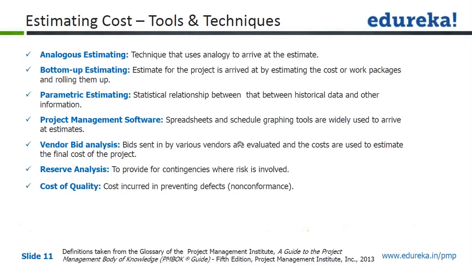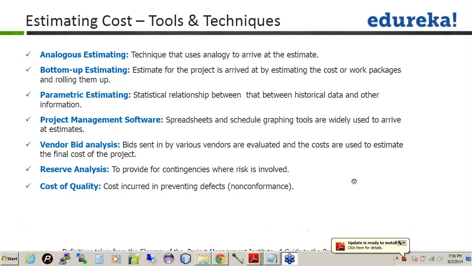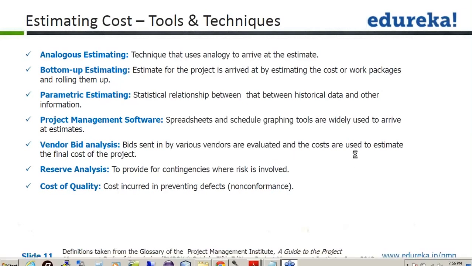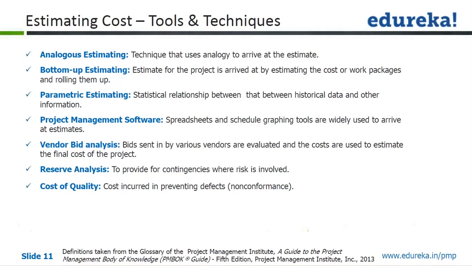Cost of quality. Cost of quality is usually cost of conformance plus cost of non-conformance. So when I talk about cost of quality, it is about cost of conformance.